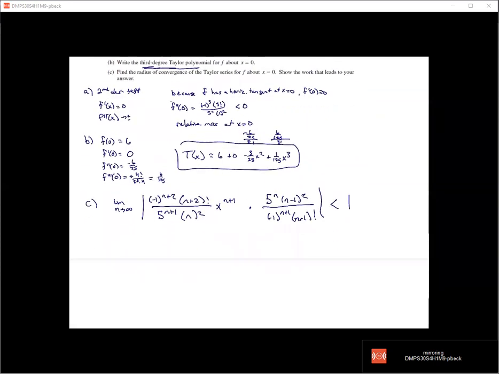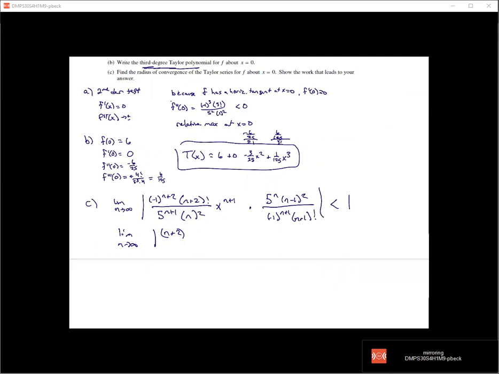So if that limit is less than 1, then we will say, a little bit simply, limit as n approaches infinity. We don't have to worry about the absolute value of the negative 1. So it's going to be the absolute value of n plus 2 is left in the numerator. The 5 is not going to be there anymore.